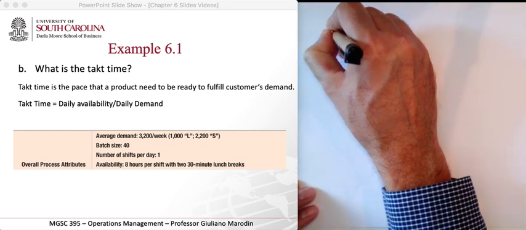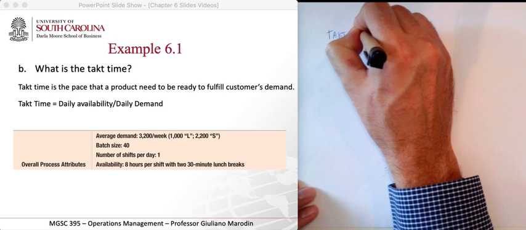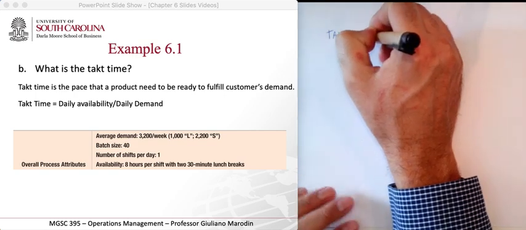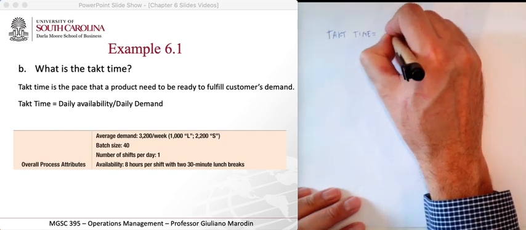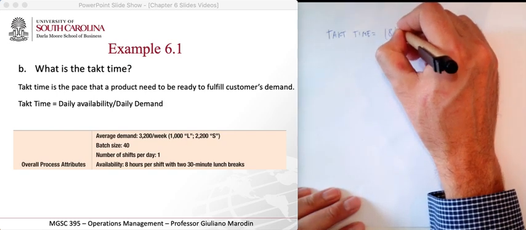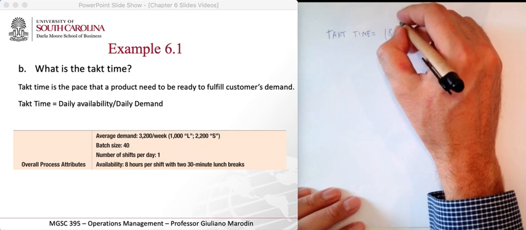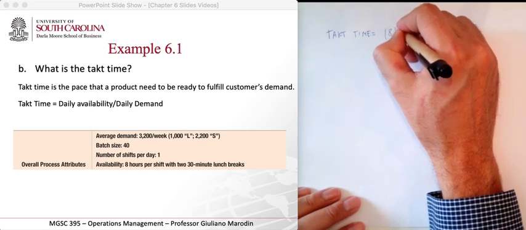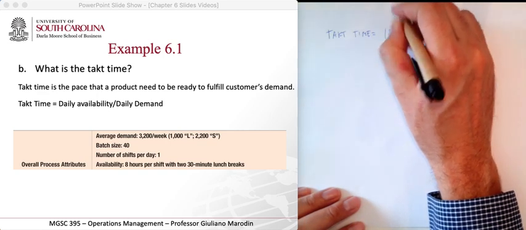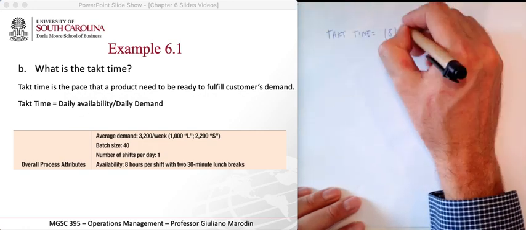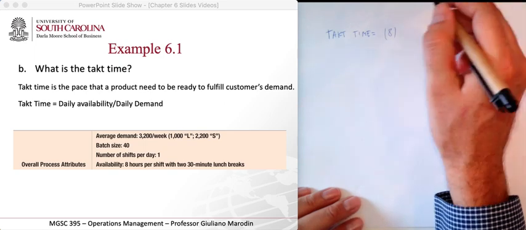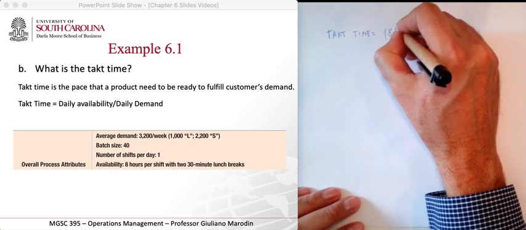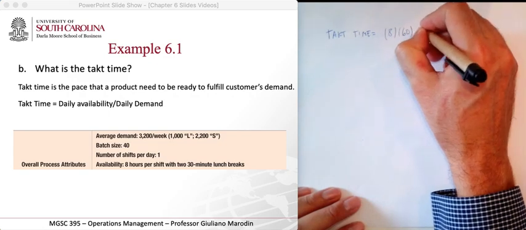Takt time is going to be equal to daily availability. So we have 8 hours per day, minus 1 hour because it's 2 times 30 minutes for the breaks.